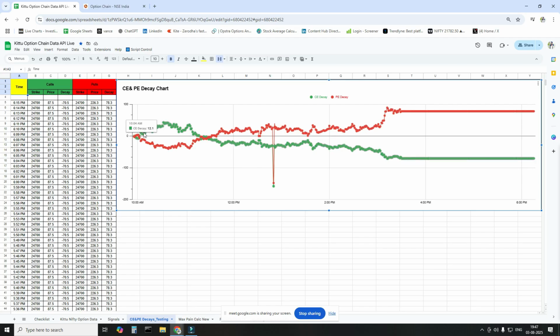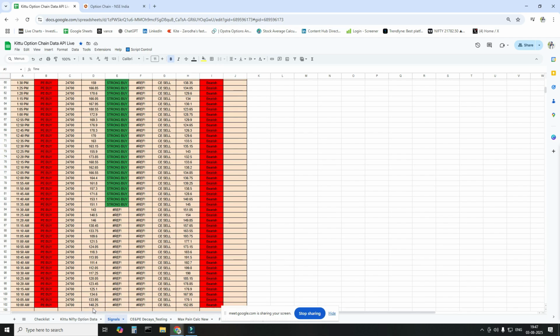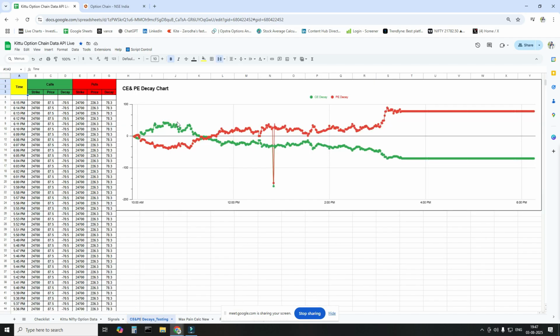It means the decay of the call side has been increasing, which means the market is showing a bullish segment. So that's why in our signals also, when you see the put price at 148 rupees, it is not working; if you see up to 10:30 or 1 hour, our data was not working with this approach.